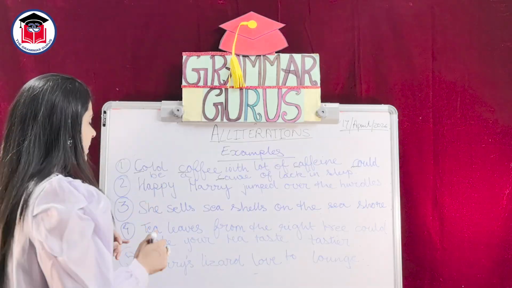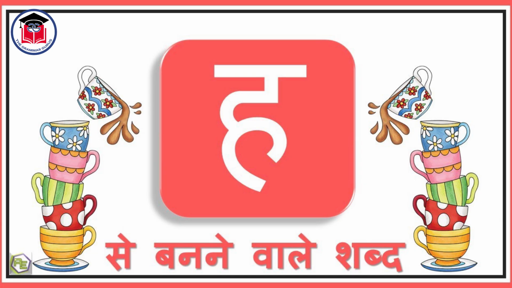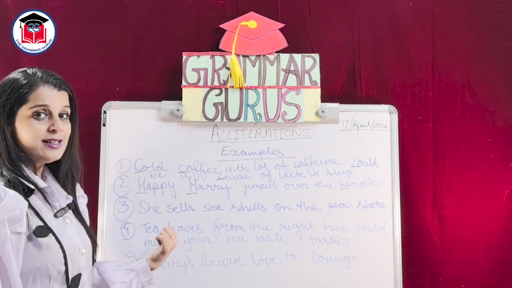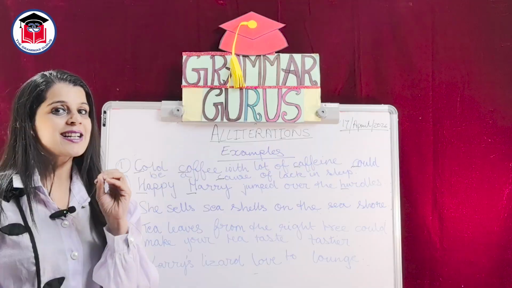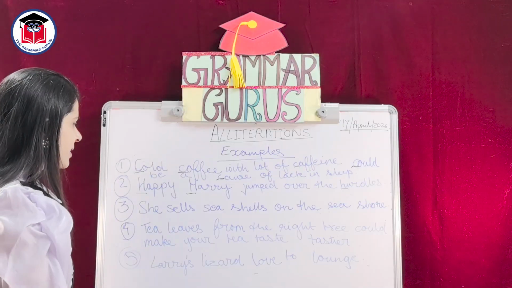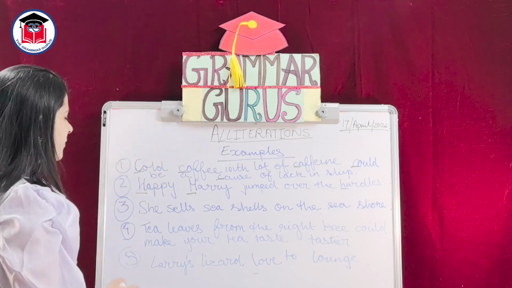Notice the second sentence. Happy Harry jumped over the hurdles. Again, the consonant sound h is repeating itself. Third sentence. Now, this I hope I don't fumble reading because this has excessive use of alliterations. And also, I will make one more point clear to you over here.